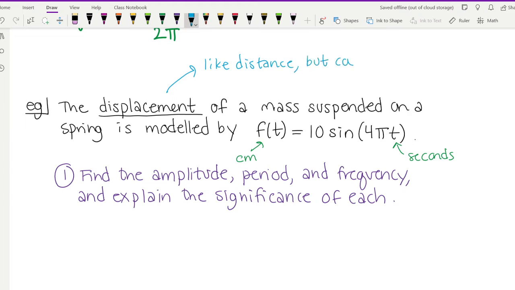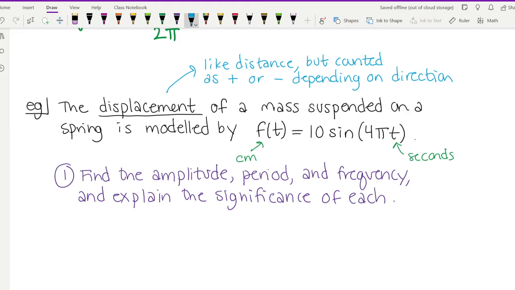but counted as positive or negative depending on direction. In the case of what we'll be looking at here with this spring, when it's at its resting position, that's considered 0.